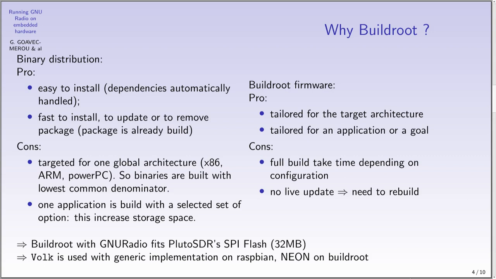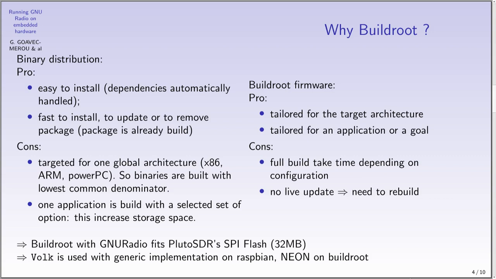You install an application, and all required dependencies are automatically installed by the package manager. And it's fast because everything is already built. You fetch binaries and you don't lose time with the build, with the configuration of each library or application.